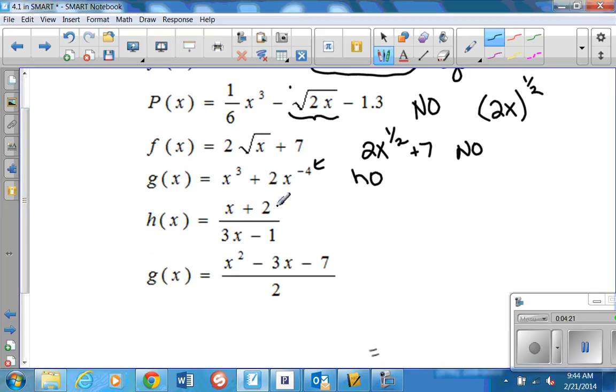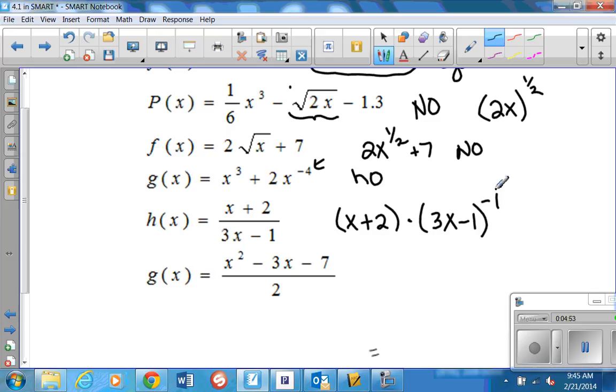How about this one? No. Why do you say no there? I don't know, just sounds good. Kind of on a roll. Yeah, this is subtraction. Okay, I'm going to write it like this. What if I wrote x plus 2 times 3x minus 1 to the negative 1 power?